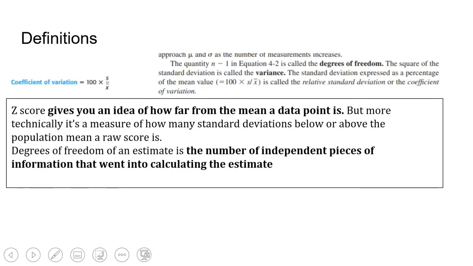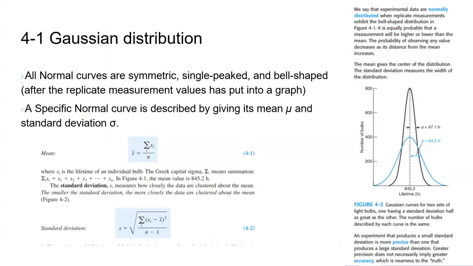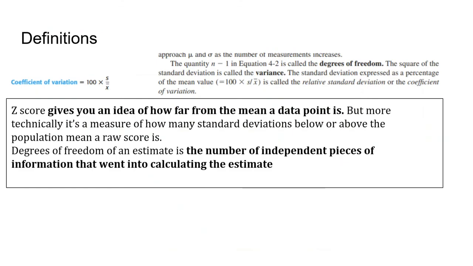Okay, some definitions that you need to know. In the formula for your standard deviation, this n-1 is what is known as the degrees of freedom. I'm going to explain what that means, but that's what it is in a mathematical sense.